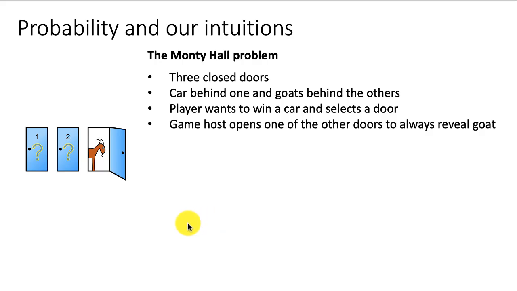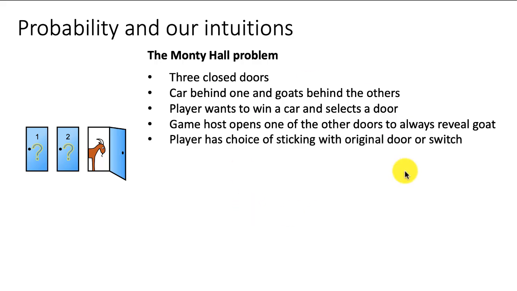Then what the game show host does is open one of the other doors and reveal a goat. The game show host is always going to open a door to reveal a goat. Now the player has a choice. The player originally selected door 1.